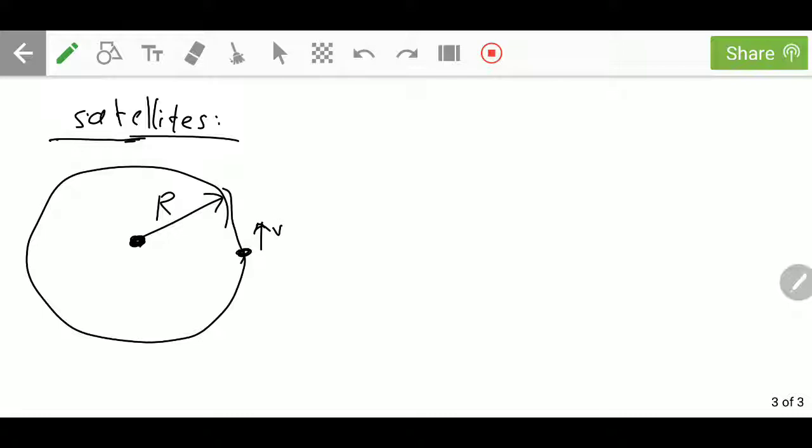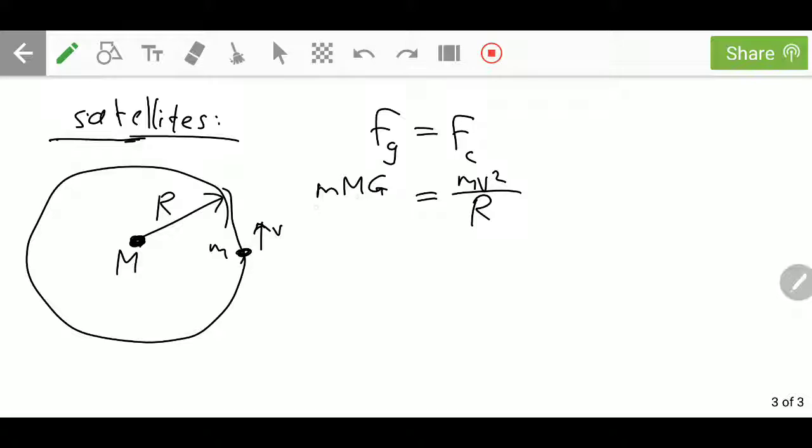And now we can balance the gravity. Suppose that Saturn has mass big M, the object has mass little m. Then the force of gravity is the centripetal force. And so we can equate the formula for centripetal force of an object, which will be m times v squared over r, to little m times big M times G over r squared, which is from Newton's law of universal gravitation.